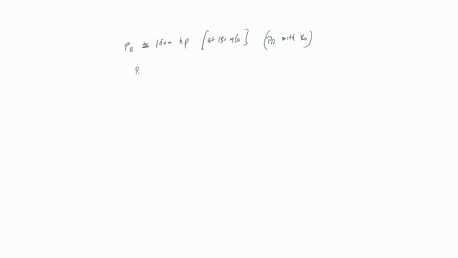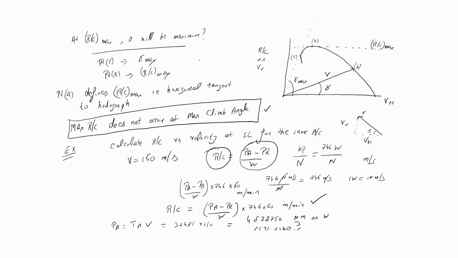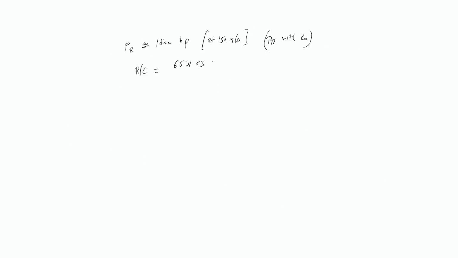Now finally we can find the rate of climb, which equals 6531.83 horsepower, that is power available, minus power required, minus 1800, divided by the weight, 88176.75.